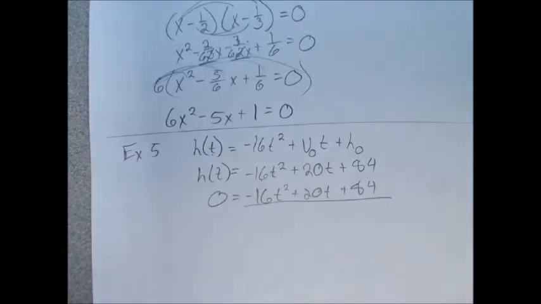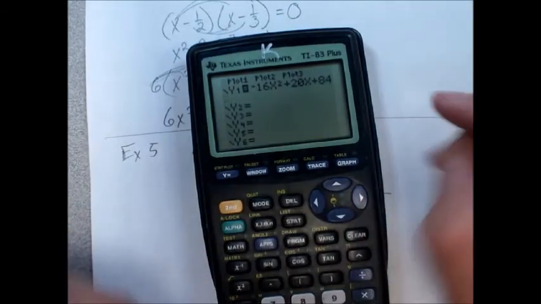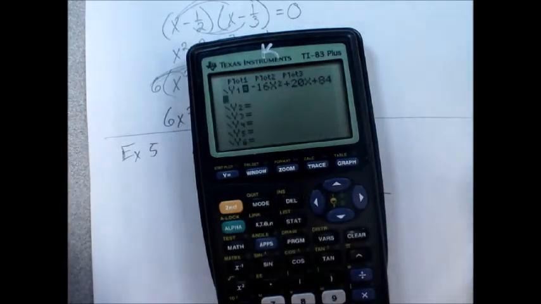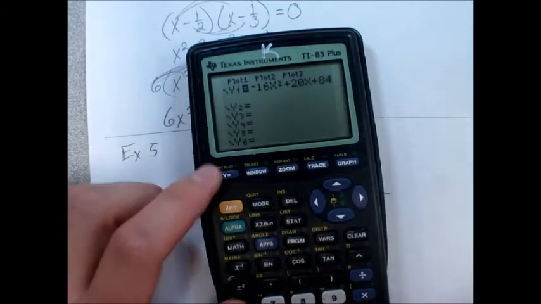It doesn't matter what variable you use, just whatever is easiest. Here's what I put in: negative 16x squared plus 20x plus 84. Make sure you use the negative sign, because if you don't, you're going to get an error.